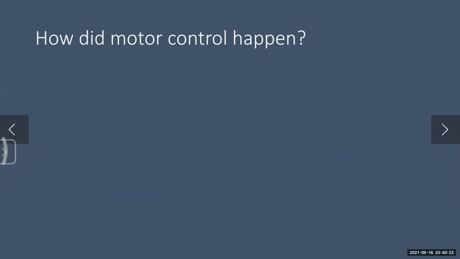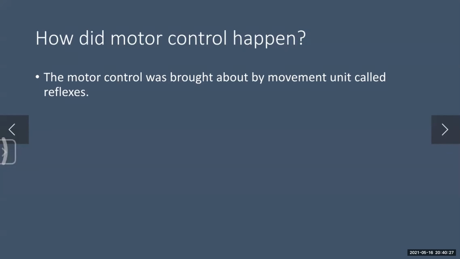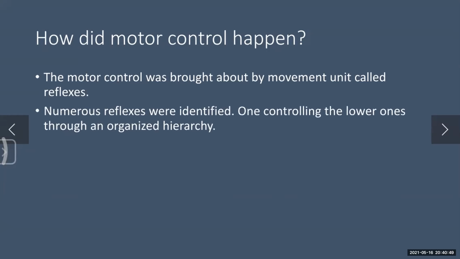So according to the reflex model, how did motor control happen? We all know and are very familiar that motor control was brought about by a movement unit called reflexes. Sherrington was the father of the reflex model. He said that movements are produced by reflexes, so that basically formed the movement unit. And once he said that, many people started finding out, including him, what are the different reflexes that were there.